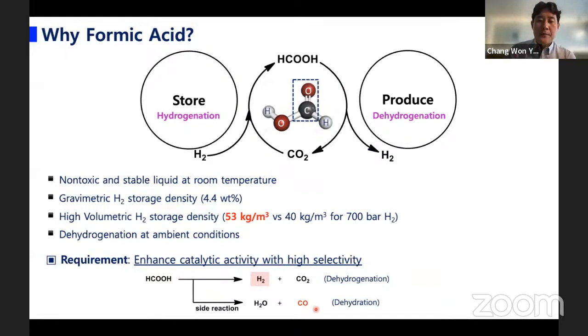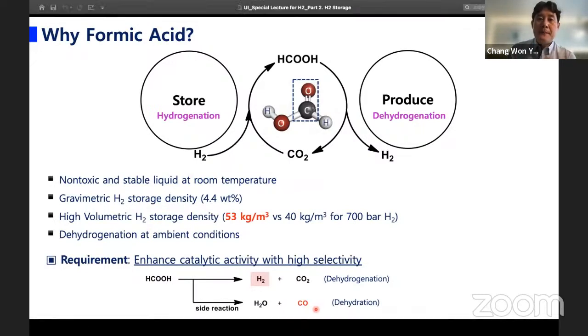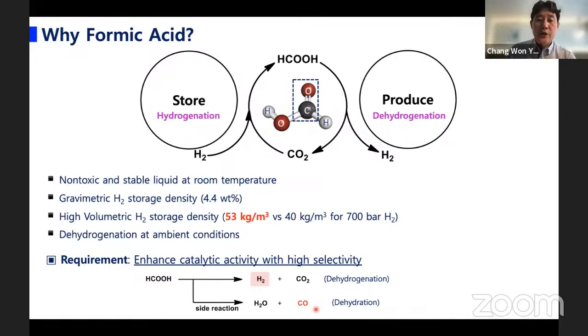Remember that the PEMFC, the PEM fuel cell, uses platinum catalyst as an electrode material. And if CO exists, then CO poisons this platinum catalyst and deactivates the whole fuel cell system. So that's the problem.